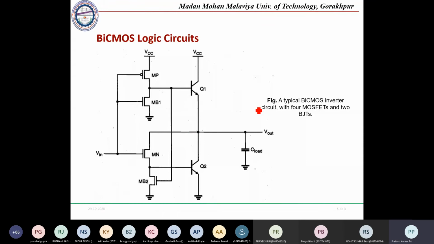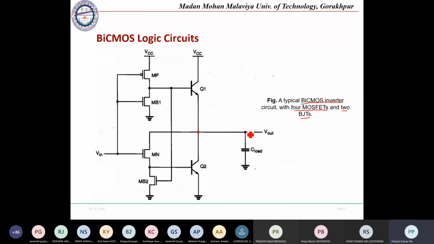This is the example of a bi-CMOS inverter circuit, where four MOSFETs and two BJTs are used to design an inverter. So this is a bi-CMOS logic based inverter structure. Here, whatever current is there at the output will basically be because of these BJTs.